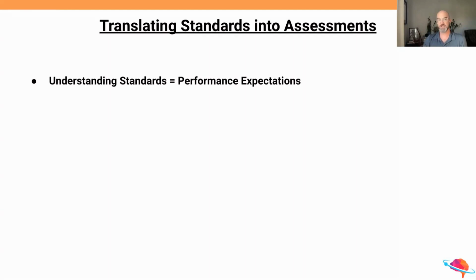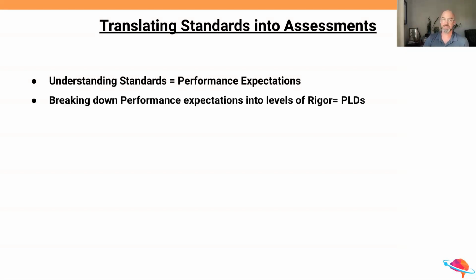Understanding the standards is important. We need to understand the performance expectations. Those are the performances that students need to do at the end of a grade level band. Most of those at elementary are at the end of a grade level, and in middle and high school, it's the end of a grade level band when students are supposed to be able to do these things.